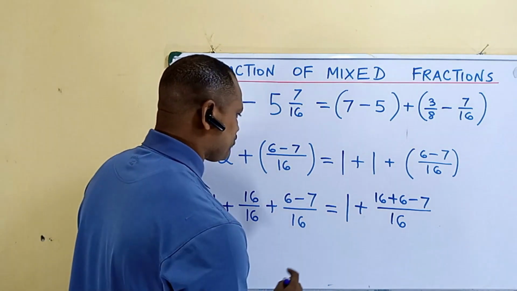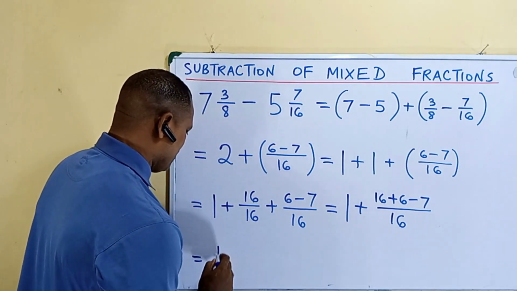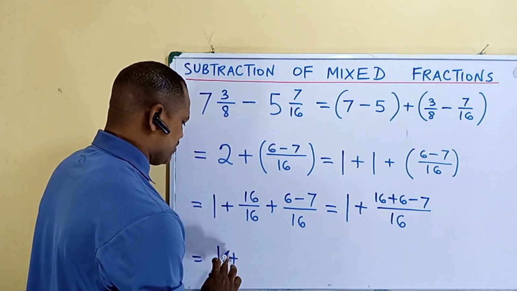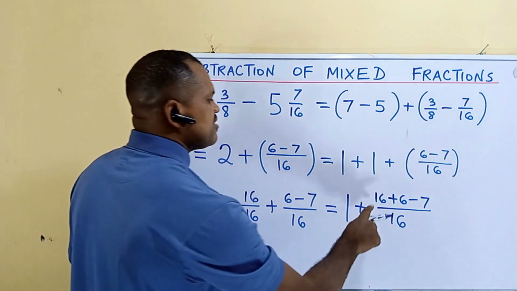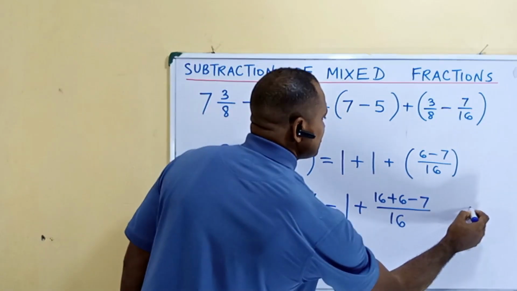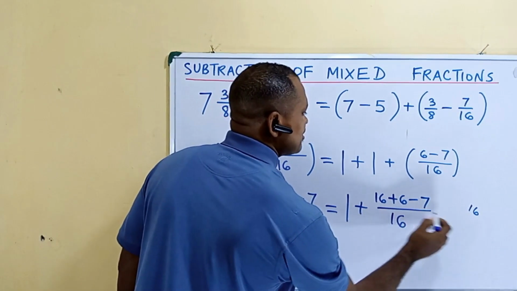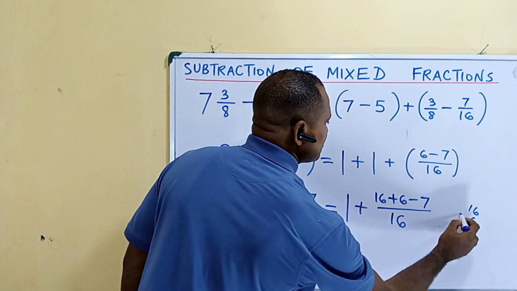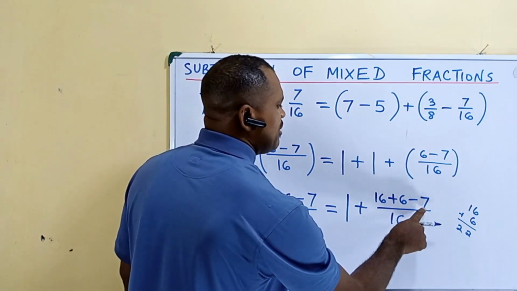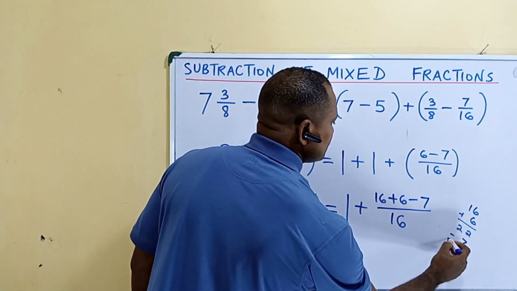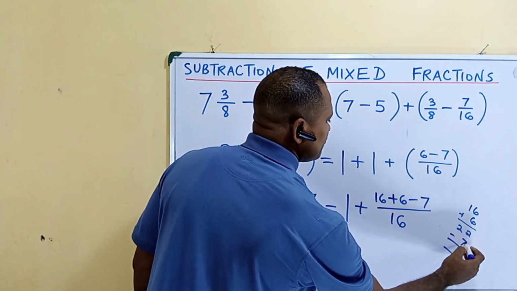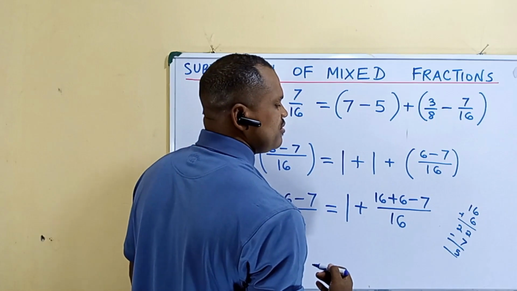Equal to this 1, look at it here, plus 16 plus 16. Sorry, 16 plus 6. That will give you 22. 22 minus this 7. See?